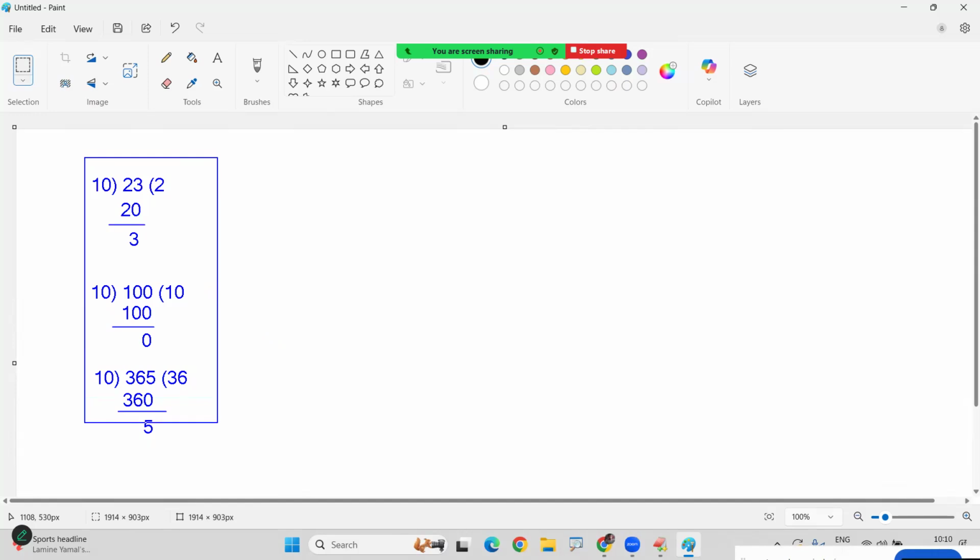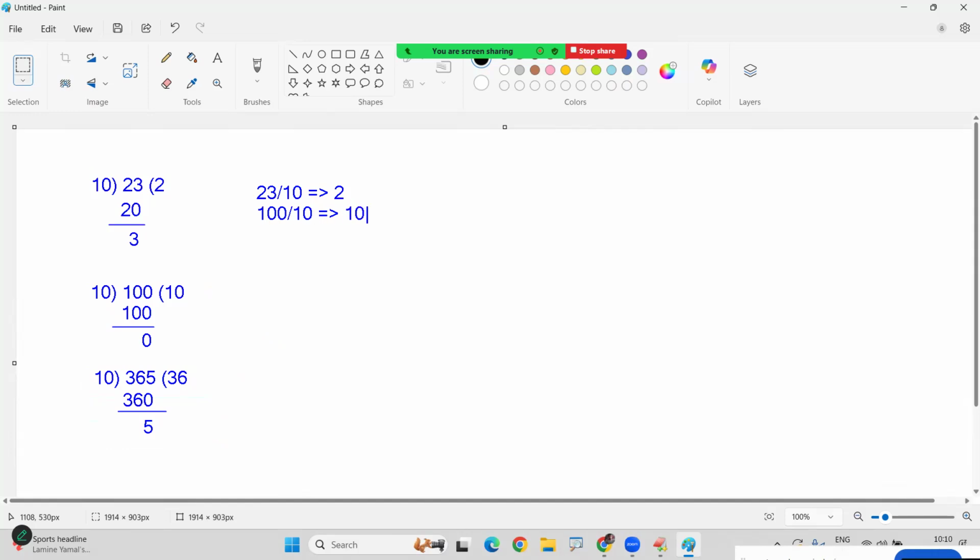Observe these 3 quotients and remainders. 23 divided by 10 is 2. 100 divided by 10 is 10. 365 divided by 10, the value is 36. These are the quotients now.